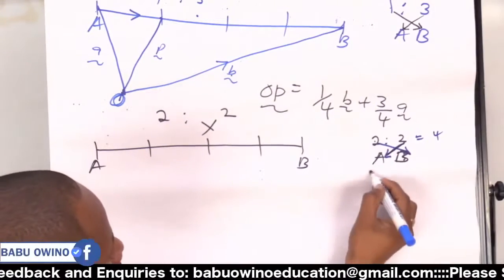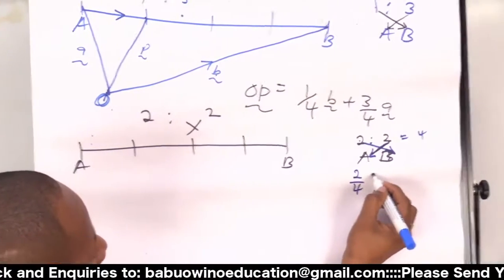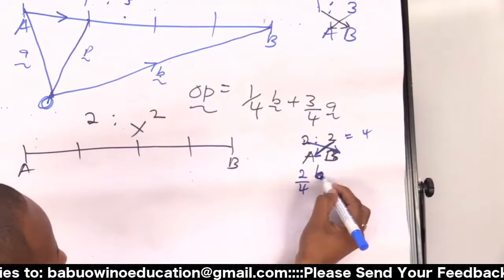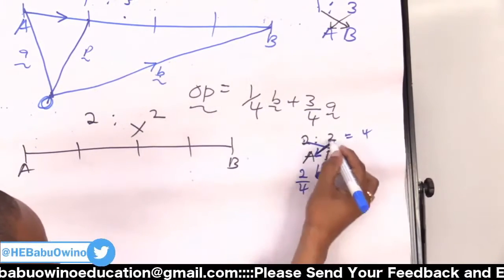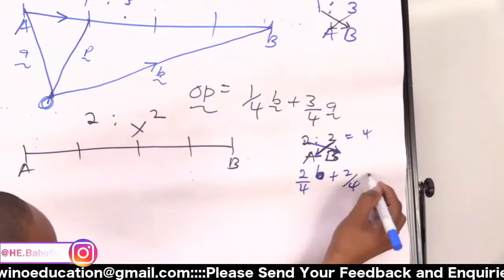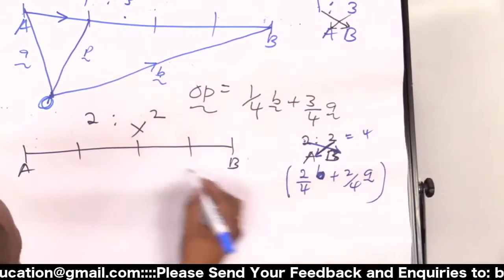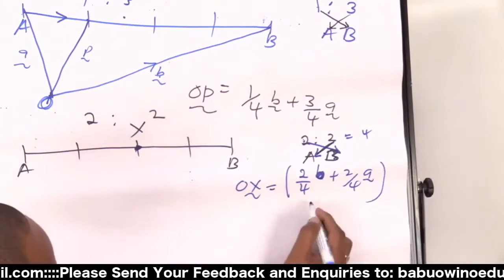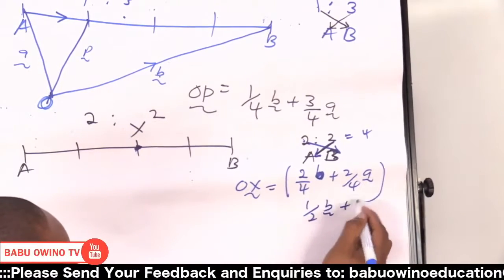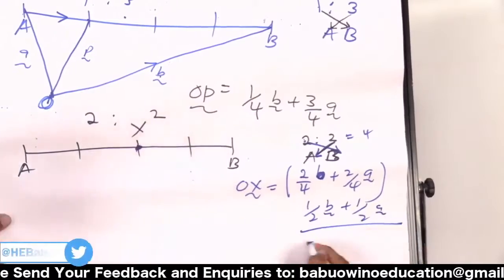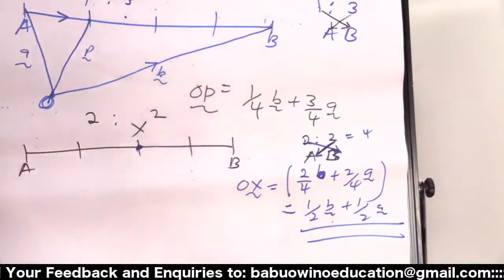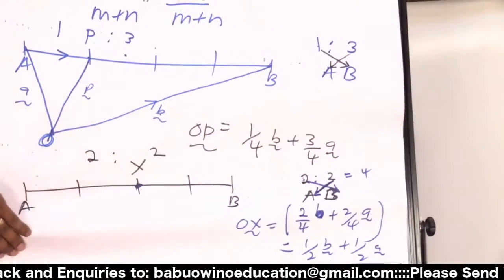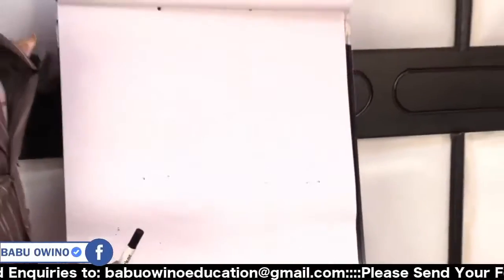So we say 2/4 of B plus 2/4 of A. This is our position vector OX, which is a half B plus a half A. You remember we got an answer like this from the previous example. So that is dividing a line internally.